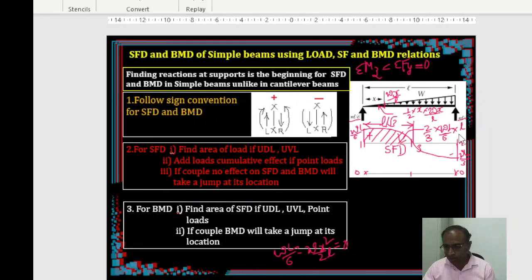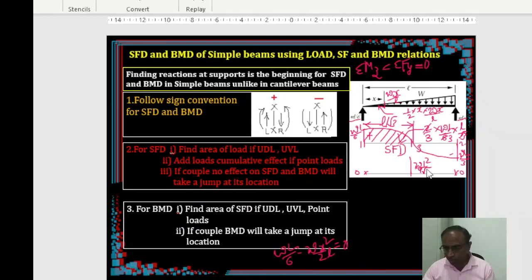If we simplify that, we get WL square by 3 times, 2 goes 3 times here, so 9 root 3. So you can write this ordinate as WL square by 9 root 3.